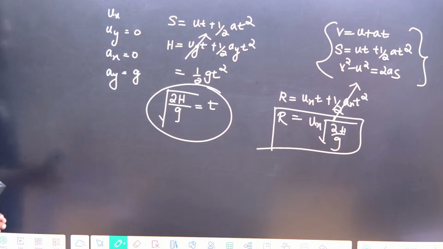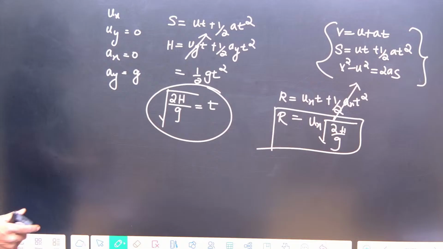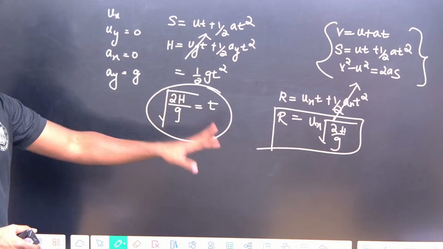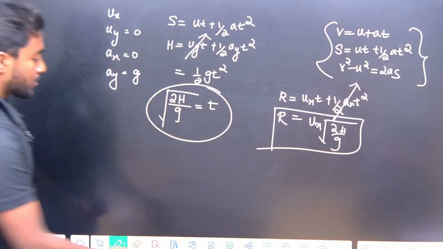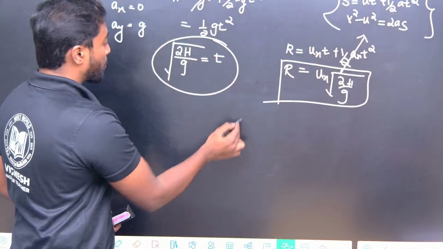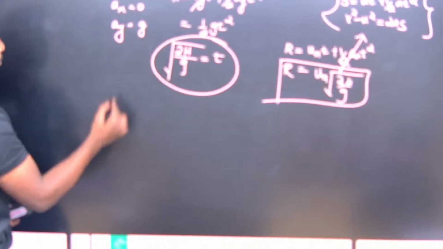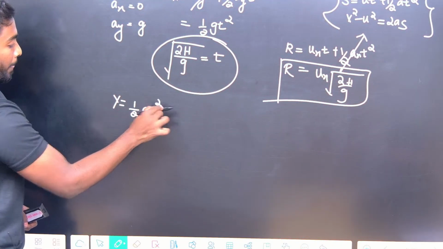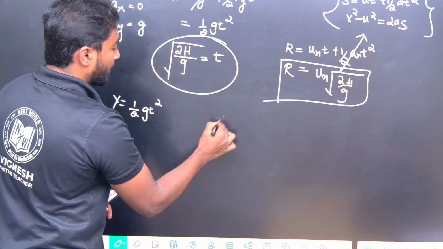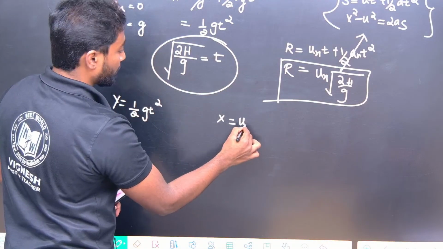So if they are asking for the equation of trajectory, I should consider it in terms of y and x. So h will be my y, R will be my x. Let me write that same equation here. So y will be equal to 1 by 2 g t square, and x will be equal to ux t.